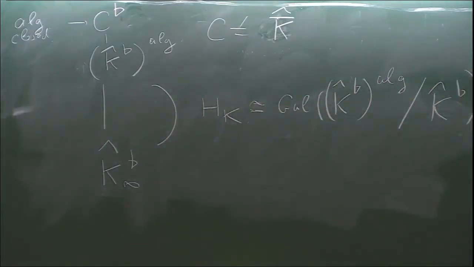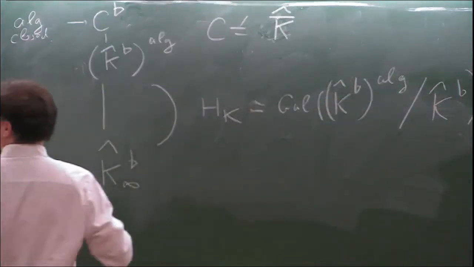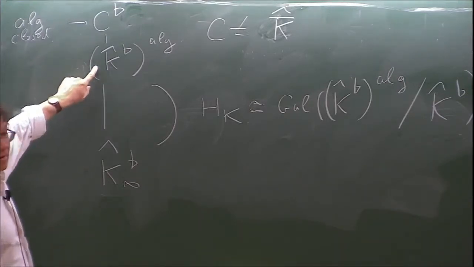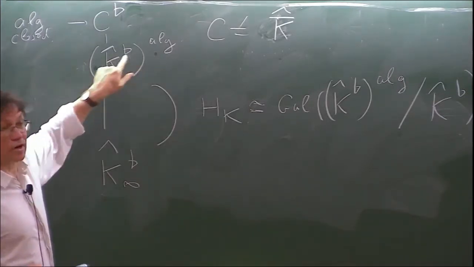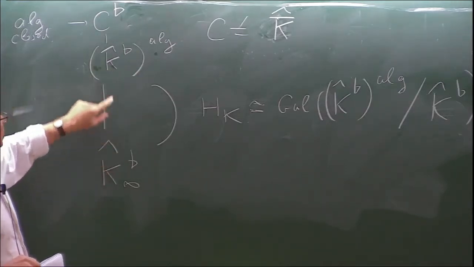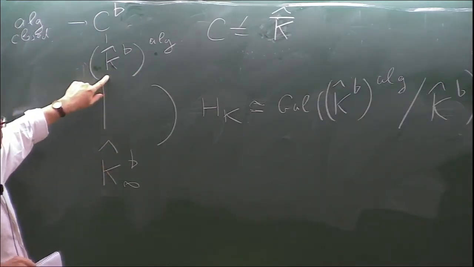So if we have a p-adic representation of, sorry? Here? This is the algebraic closure of this field, yeah.